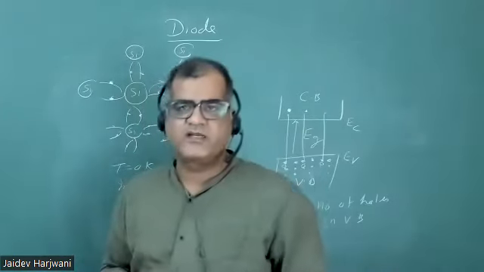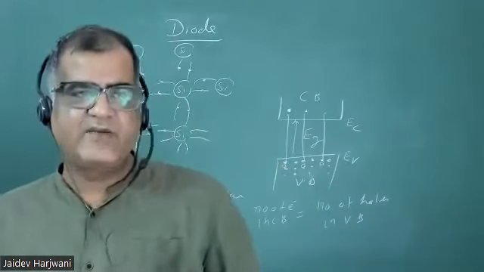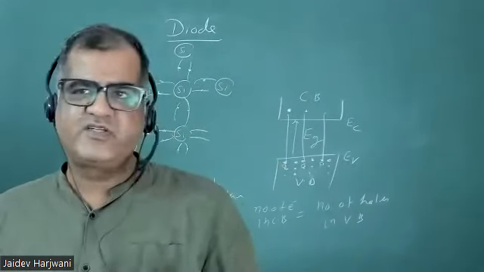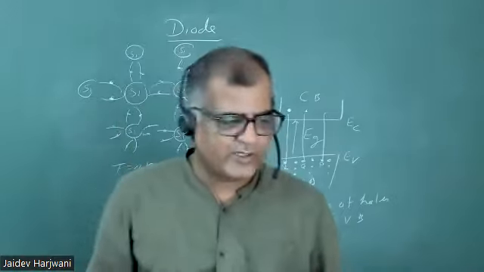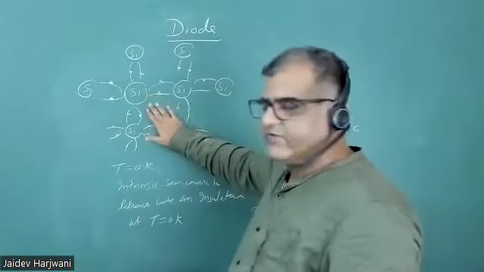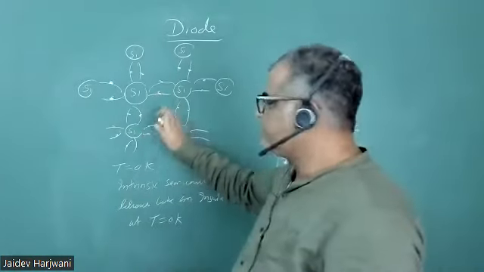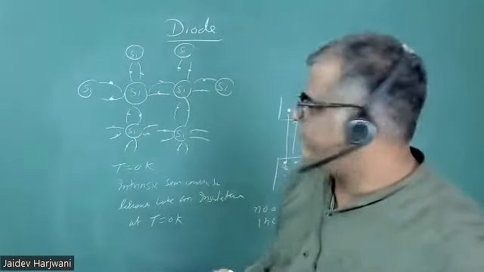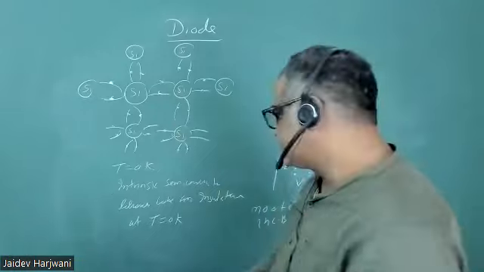You need a semiconductor which has the conductivity we require for the operations. So in order to increase the conductivity of these semiconductors, we do the doping. Once we do the doping, we get the extrinsic semiconductor.